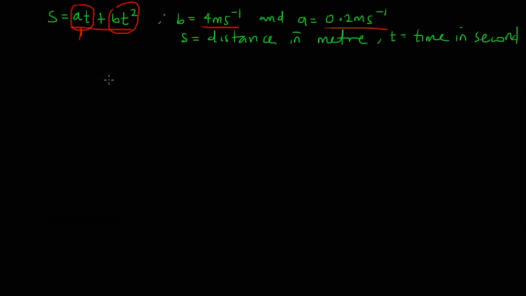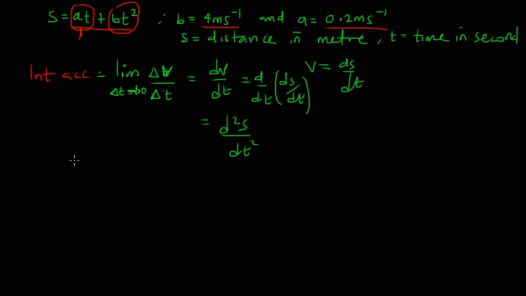To find the instantaneous acceleration at 5 seconds, don't forget that the instantaneous acceleration is this. Let's find the second derivative of s with respect to time. If we find ds/dt, that will be equal to a plus 2bt, and then the second derivative, which is d²s/dt², will be, a is a constant, so it becomes 0.